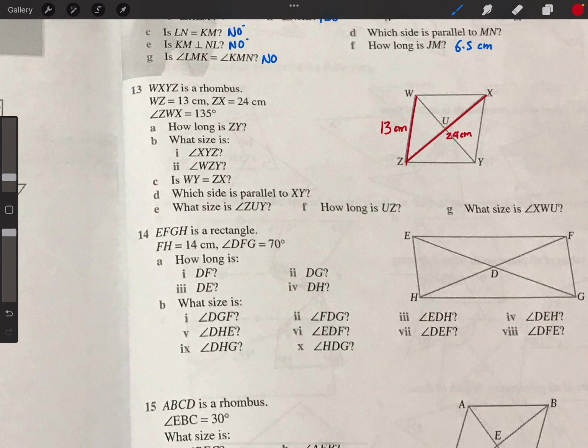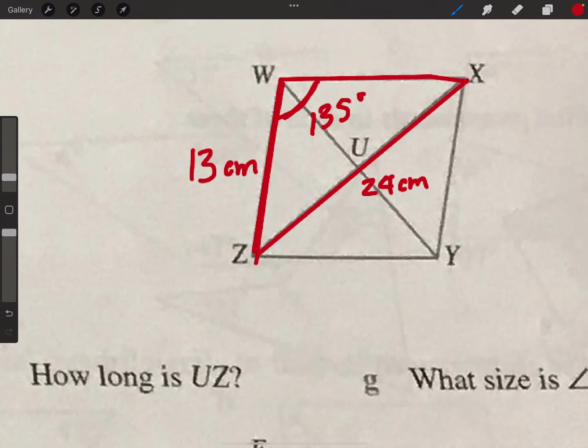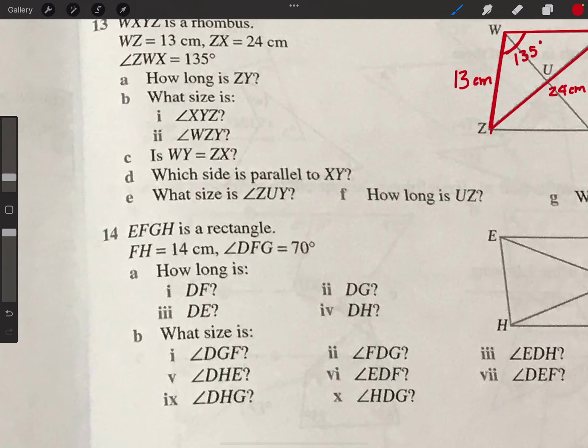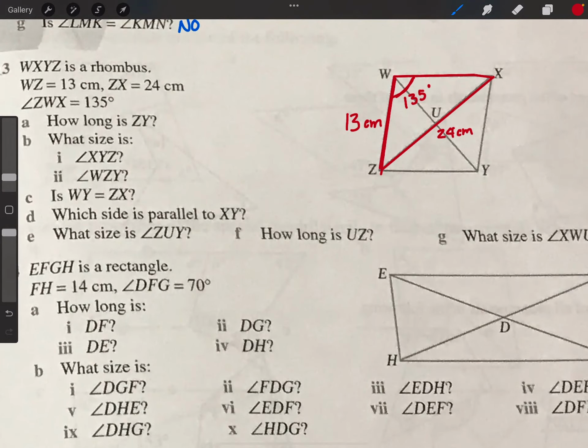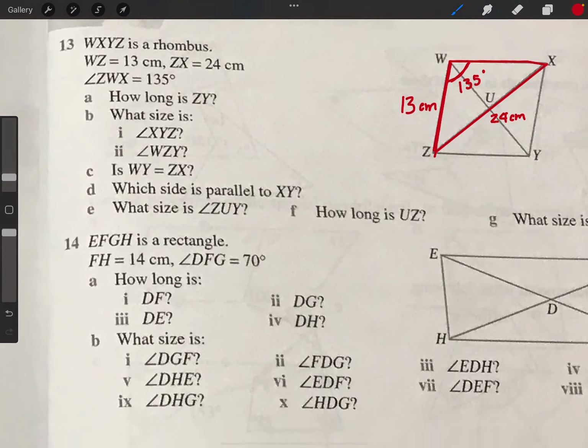And angle ZWX, so this angle here, is 135 degrees. Okay, we got everything.